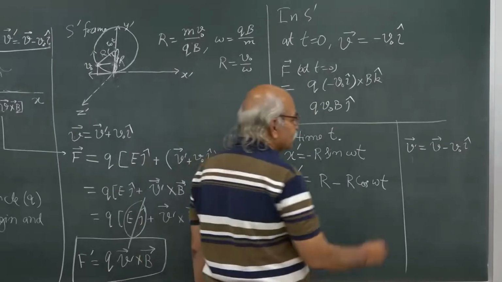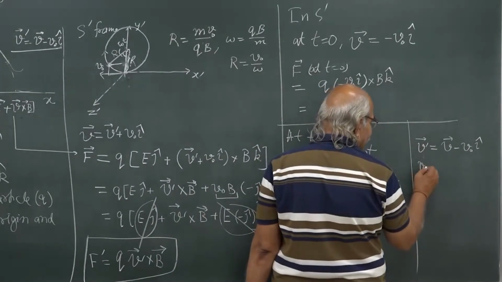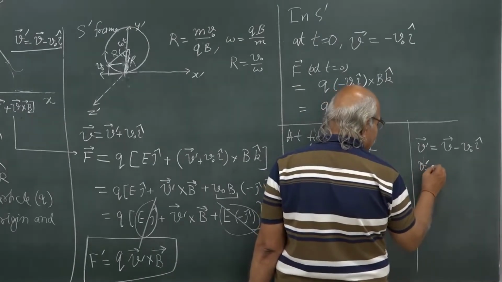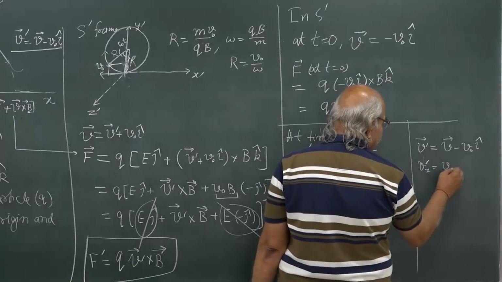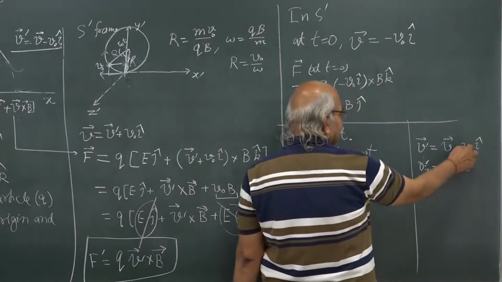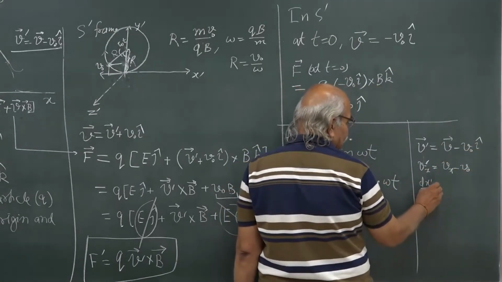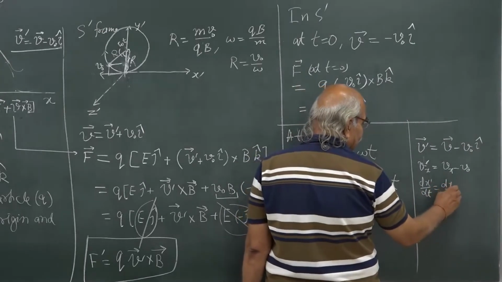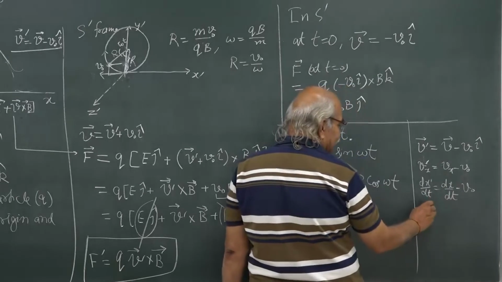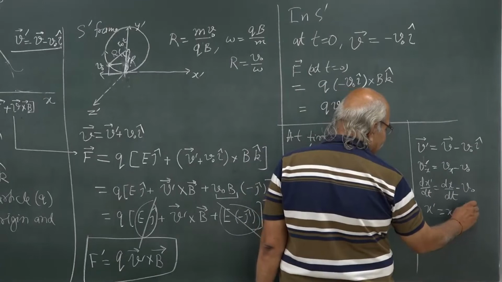So if I look at the x component, V prime x component is equal to Vx component minus V naught. So dx prime dt is equal to dx dt minus V naught. We can just integrate and see that x prime is x minus V naught t.